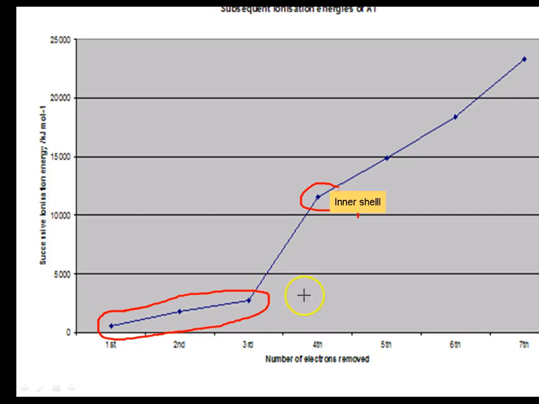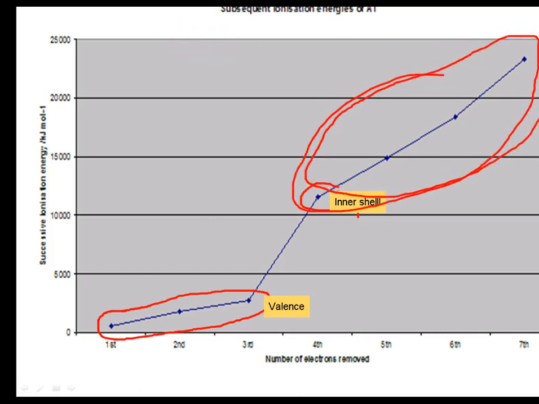While these down here are our valence. Okay, so you see the difference there. Then these all increase in difficulty as well. Go back up here. Okay. These are still steadily increasing, steadily increasing because as you remove each one, your atom gets smaller and smaller and smaller. But you're going to see a big jump when you move into an inner shell.